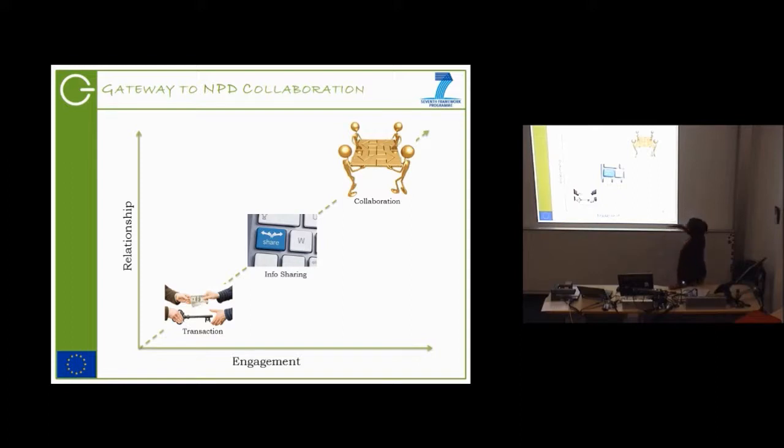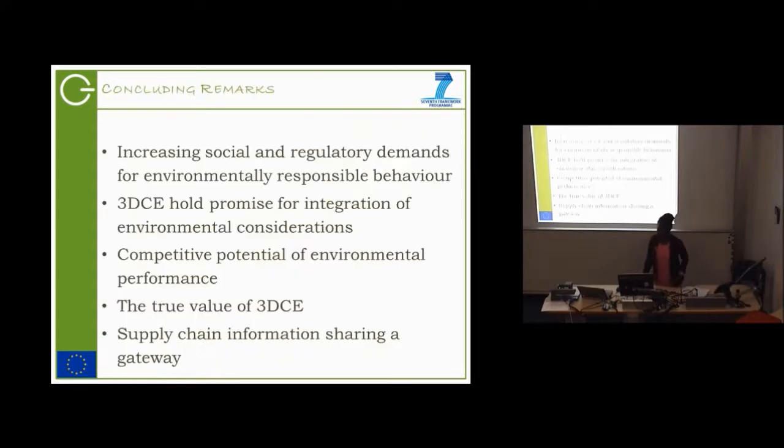So you move to a different level of engagement and an improved relationship through information sharing. In a way, you can see supply chain information sharing as this gateway that allows you to take your supply chain and really embed it into your product development process sooner.